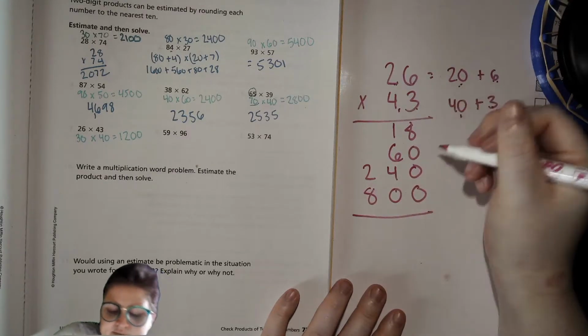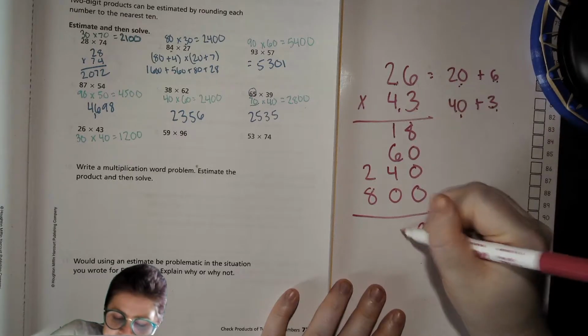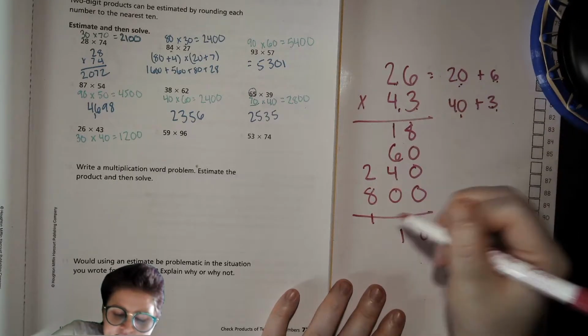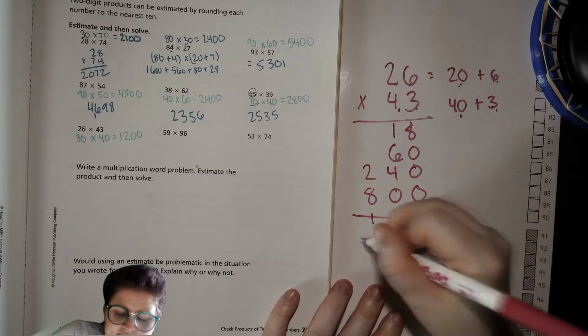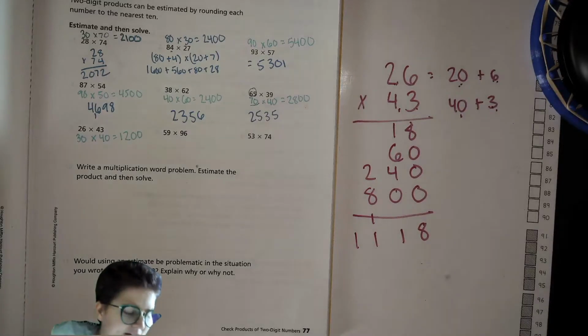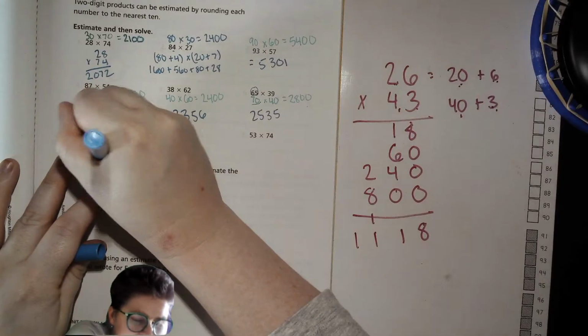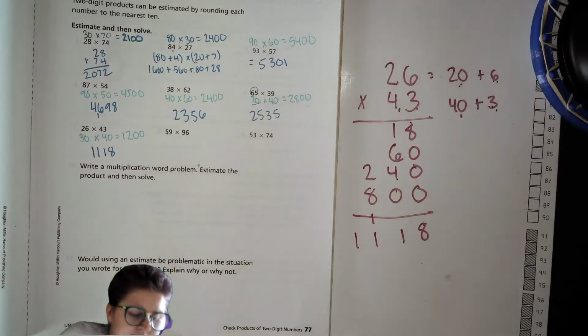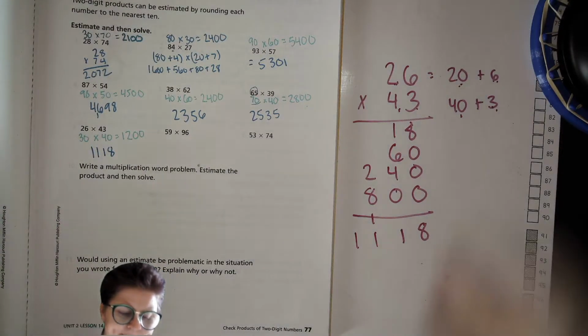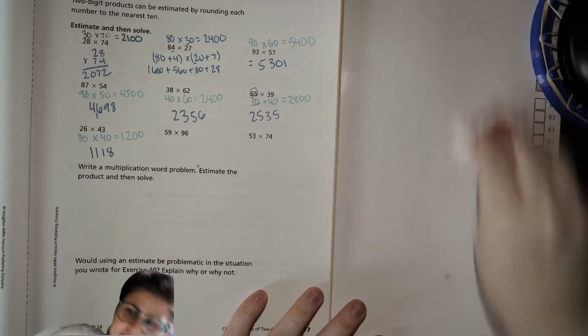Right. 8, 11, and 11. So 1,118. That's our real answer. Okay. Here we go.